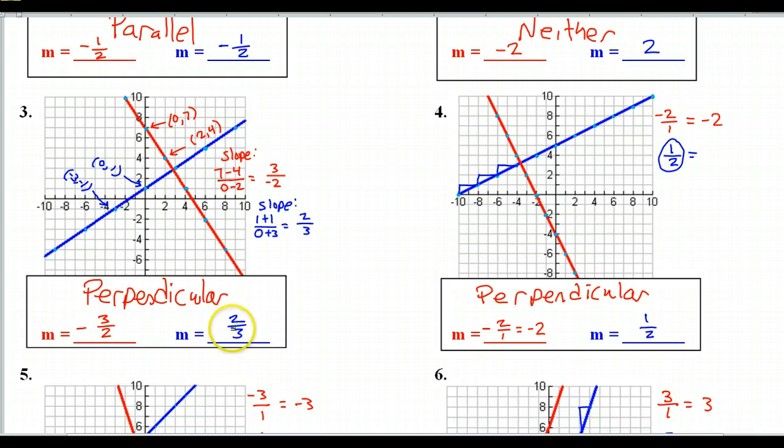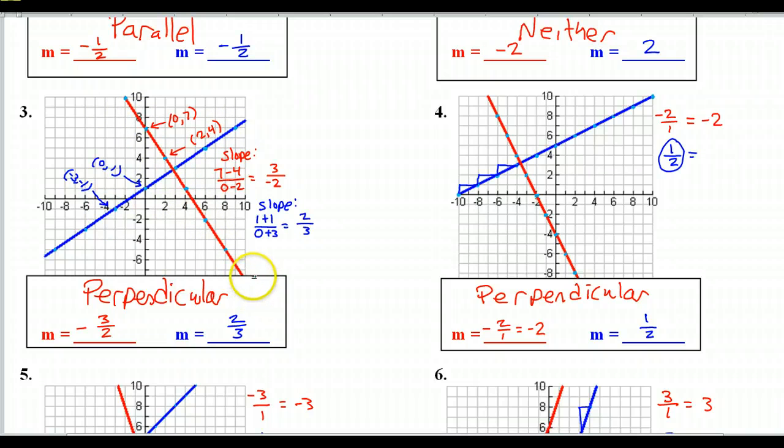Now let's think about why that makes sense. If you look at the blue line, for example, that's going uphill. That's going to be a positive slope. Red line's going downhill, negative slope. It makes sense that any time you have perpendicular lines, you're going to have one going uphill and one going downhill.